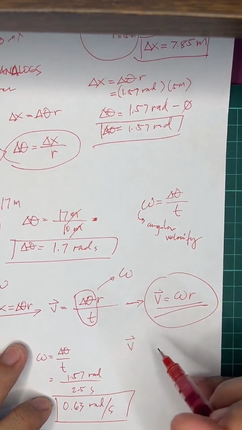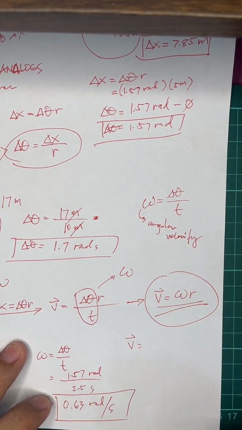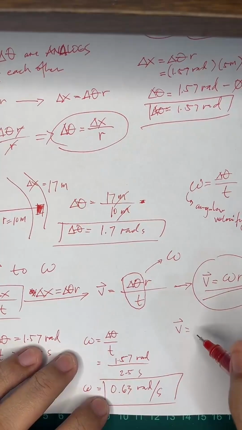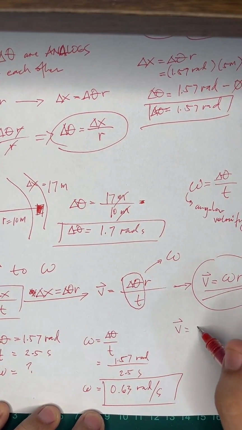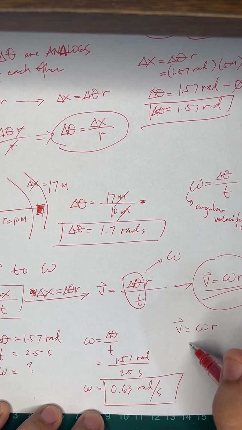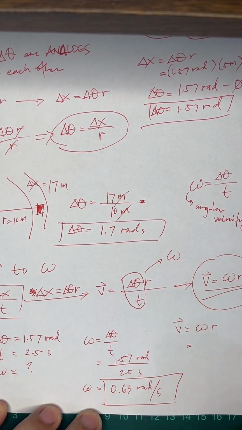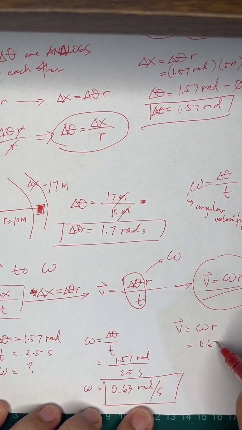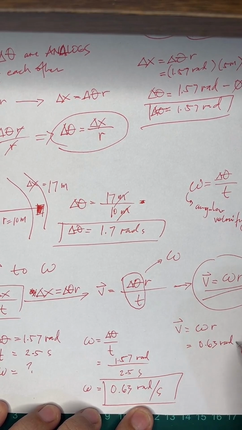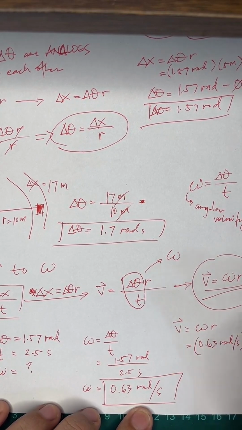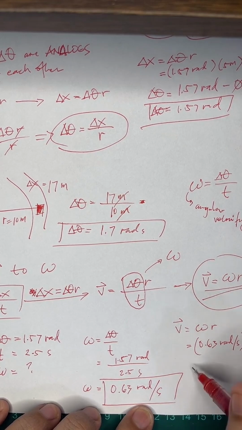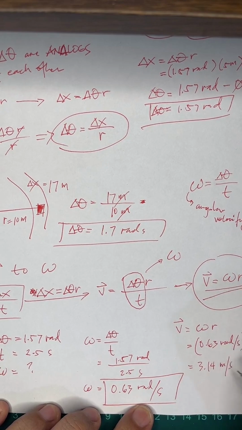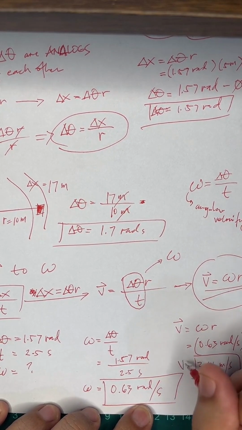The linear velocity of this object here would be its angular velocity times the radius of the path, which is 0.63 radians per second multiplied by 5 meters, and we get 3.14 meters per second as its linear velocity.